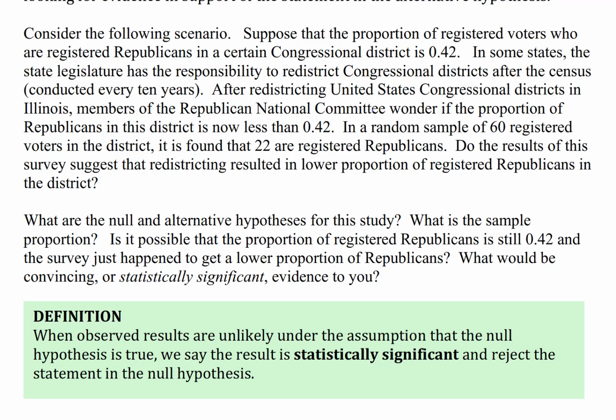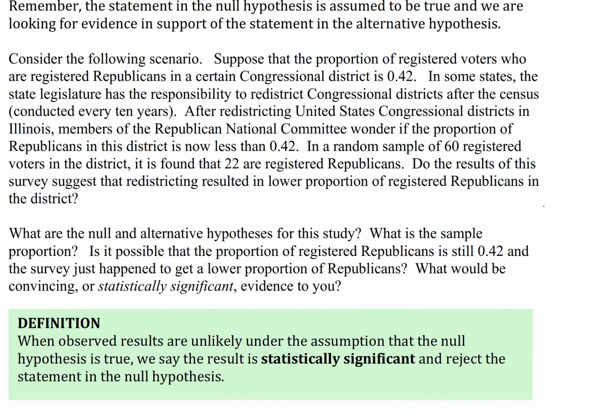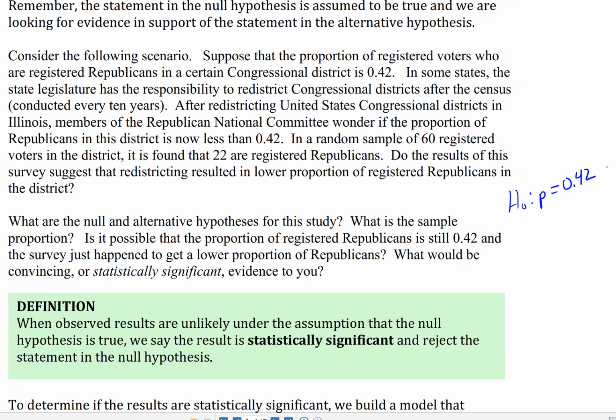The null hypothesis, remember, is always a statement of no change, no effect, no difference. So here, the statement of no change, no effect, no difference would be that the proportion of Republicans in the district after redistricting is the same as the proportion before, which would be what value? Equals what? 0.42. And we want to know if the proportion of registered voters who are Republican has gone down.